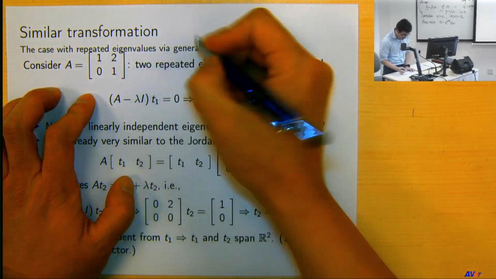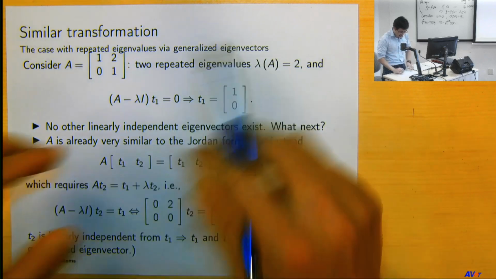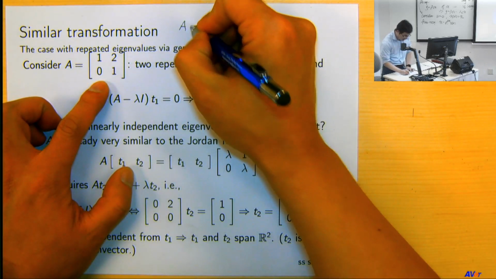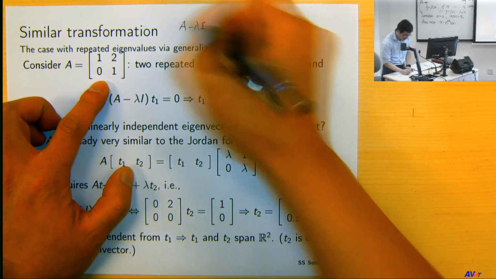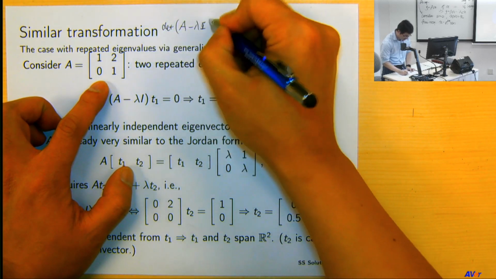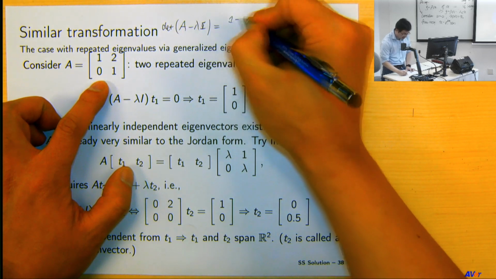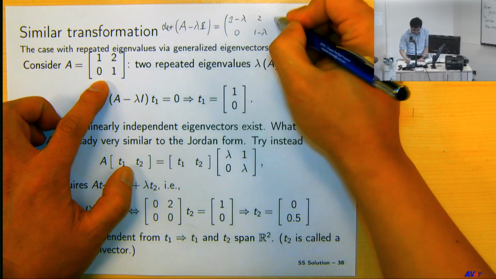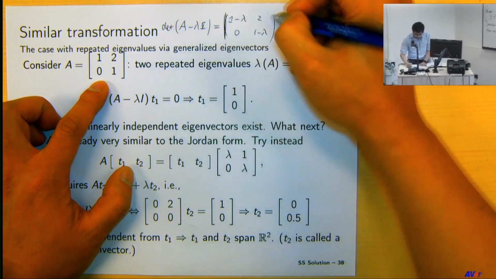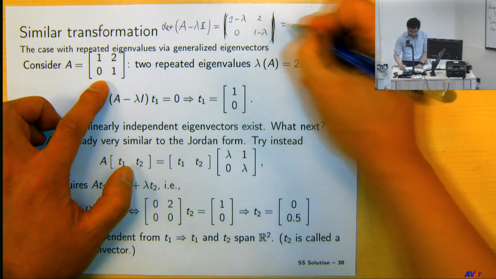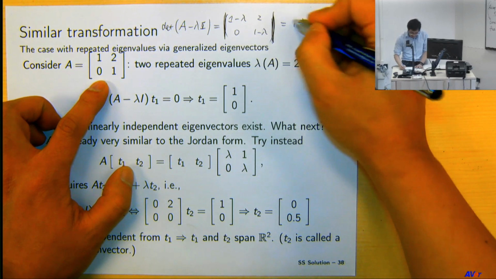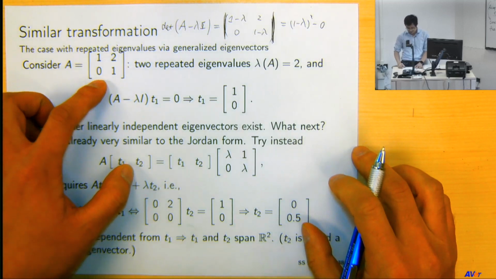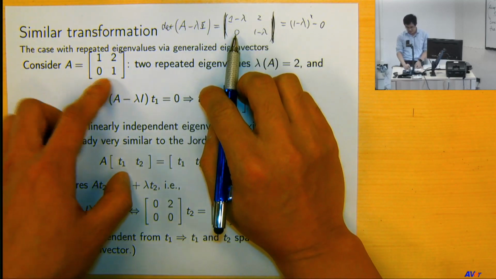So we compute, this is common practice, the determinant of A minus lambda I. You're going to get 1 minus lambda, 2, and the determinant of this matrix is (1 minus lambda) squared minus 0, because there's a 0 here.